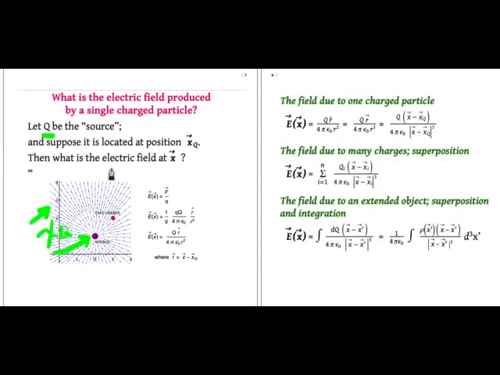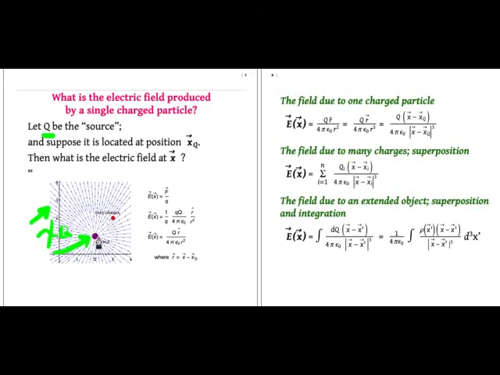Well, I would insert a little test charge at that point, like a probe. And the electric field at that point is the force on the test charge divided by the charge of the test charge. Now I know the force on the test charge from last week. I know the force on the test charge from Coulomb's law.